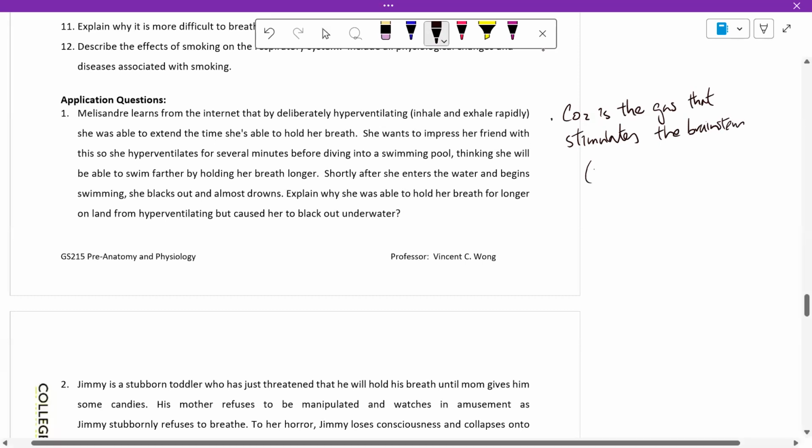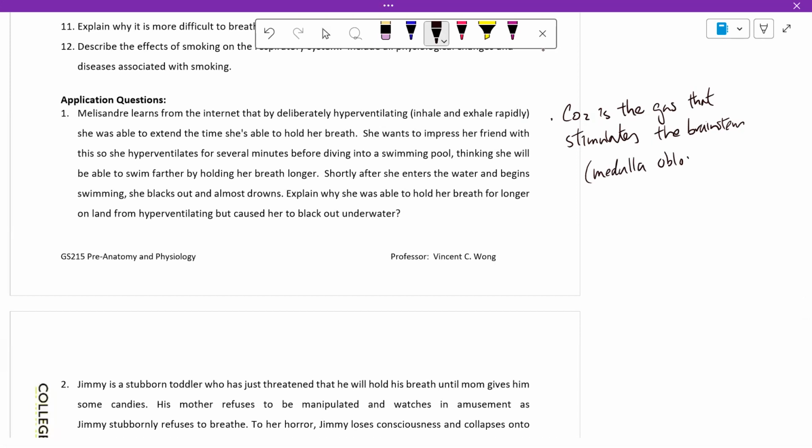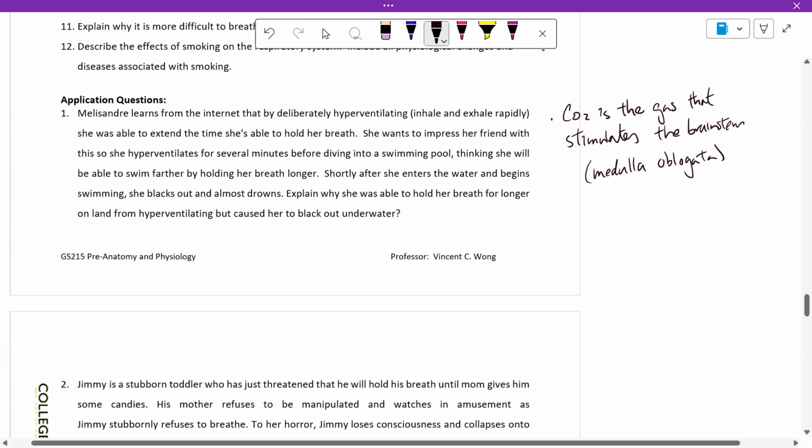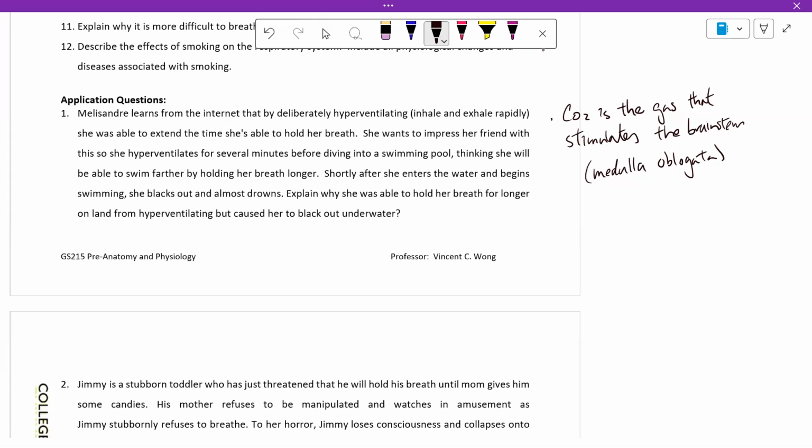That's right, the medulla oblongata. That's where the respiratory center is, and it's sensitive to carbon dioxide, and that's going to give you the urge to breathe. So when you hyperventilate, you are getting rid of carbon dioxide that you normally would not be getting rid of through regular breathing.